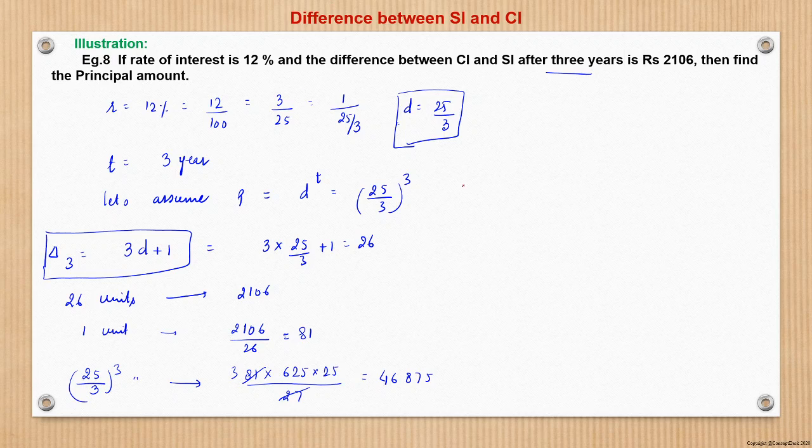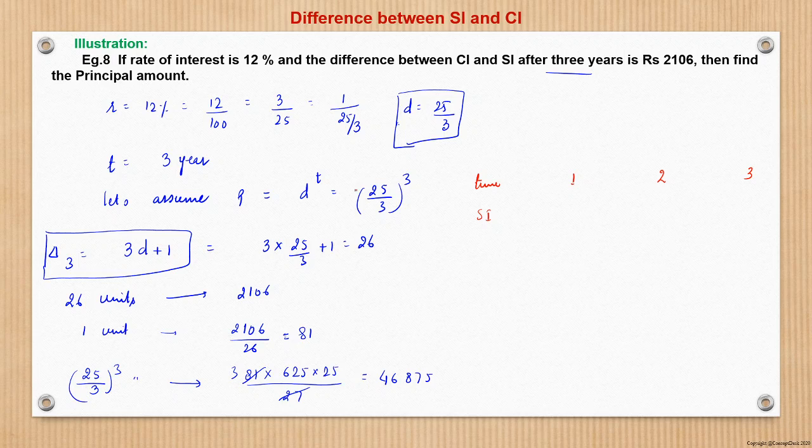Now if someone does not remember this formula, then we can deduce it also here. How come? Let us see. Time 1, 2 and 3. Now simple interest we know will be what? R is 12%, that is 3 by 25.